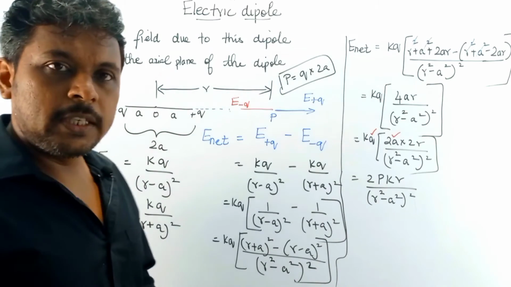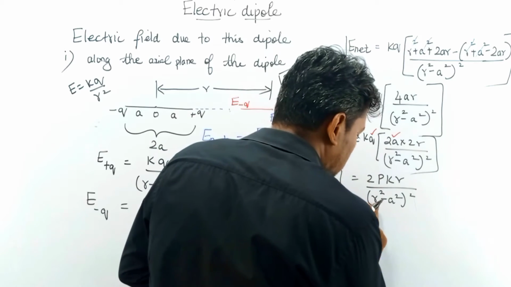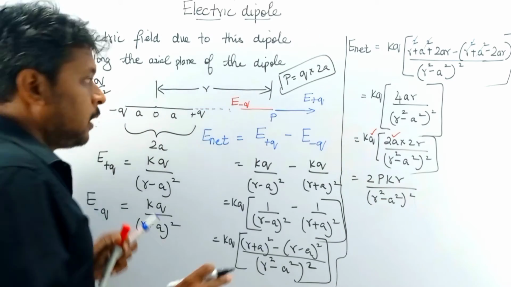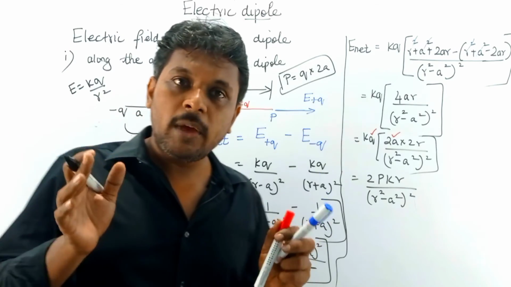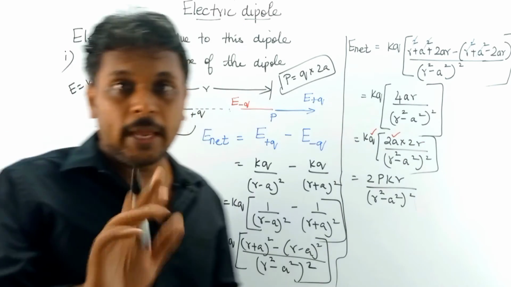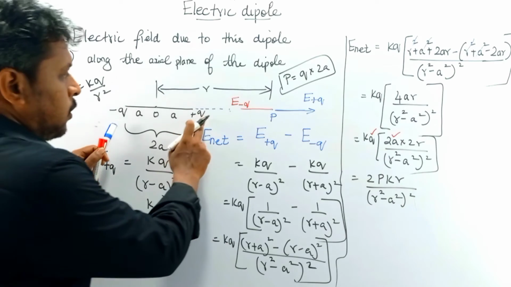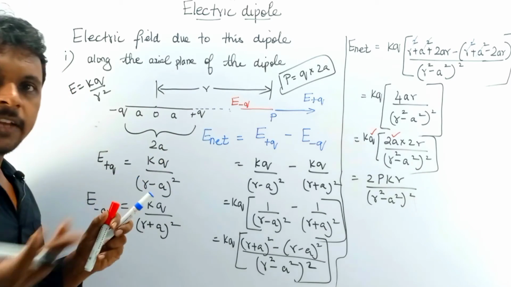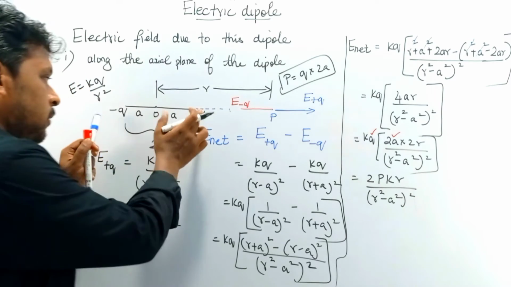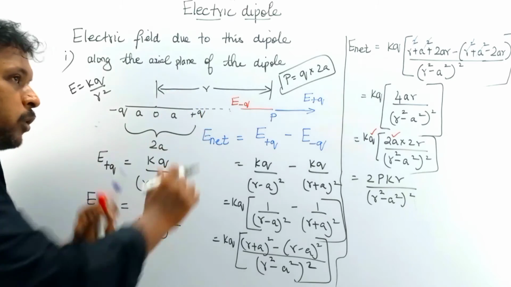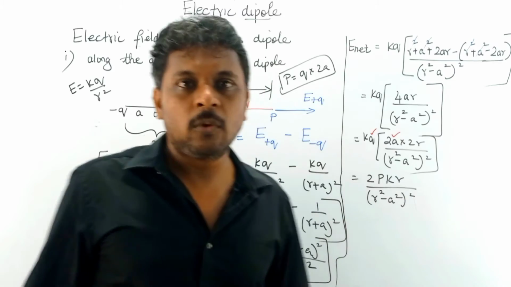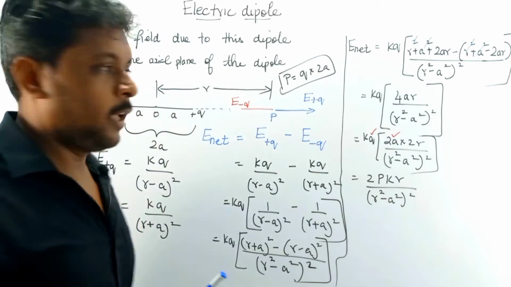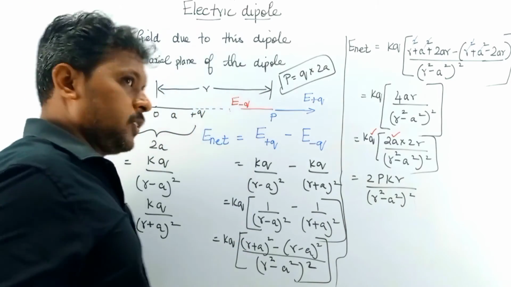Now we see that in the denominator we have two terms, r and a. In this particular diagram, the value of r is very large when compared to a. Just for the explanation we have taken the distance as 2a and shown it as very long, but naturally it is a very small value, up to micrometers, while the value of r is in centimeters.